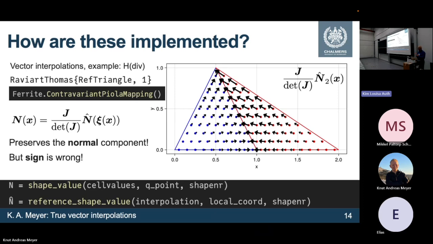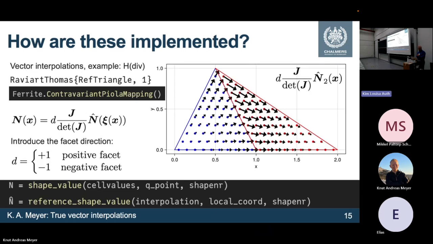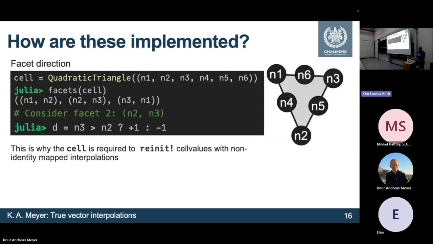So in addition to that, we also need to take care that the sign is included when we do the re-init. So we need to know, is this a positive edge or a negative edge? And luckily, we do have a definition of that in Ferrite. So we can obtain that basically from the cell nodes.